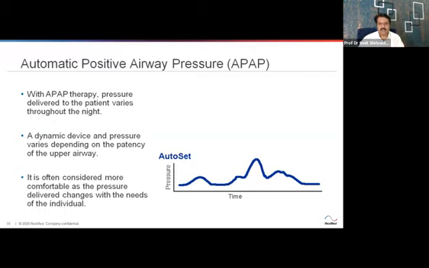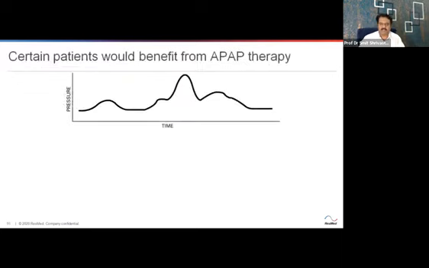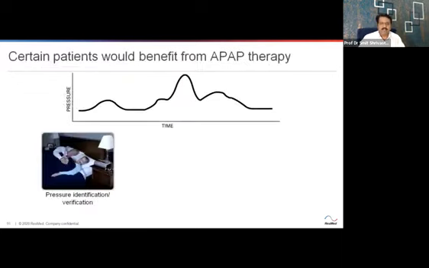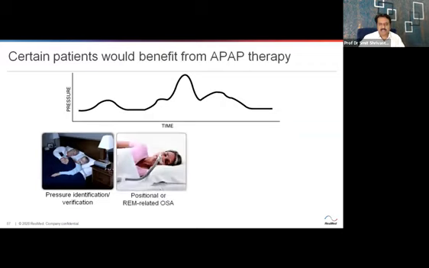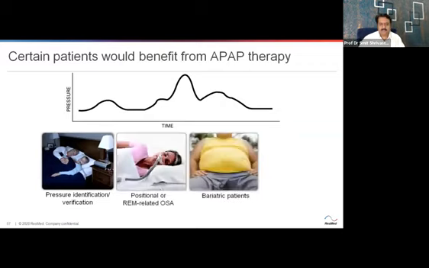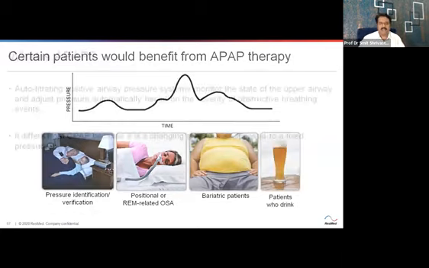Once the person goes into deep sleep, the pressure requirement increases, so the pressure to keep the airway patent increases, and again towards the morning it decreases. So these are the patients who can benefit from this kind of therapy.